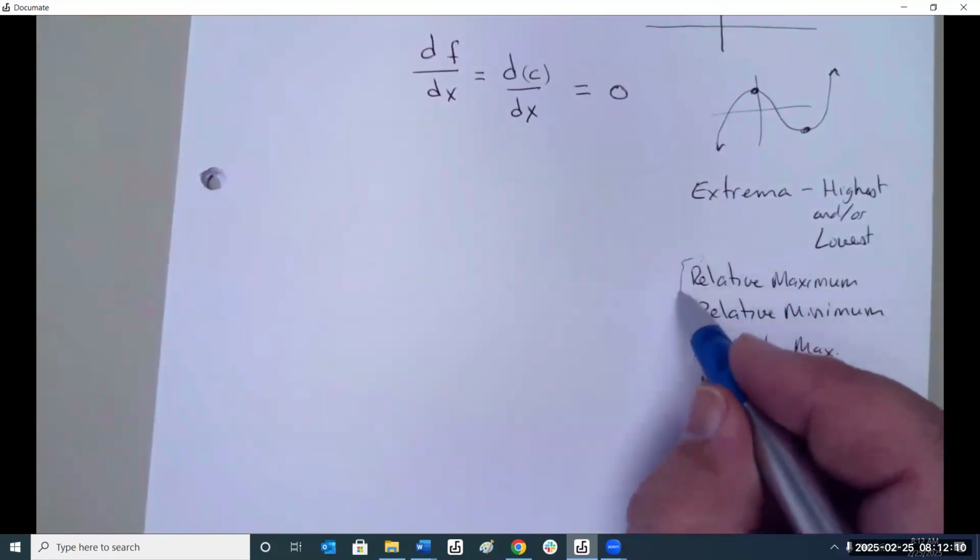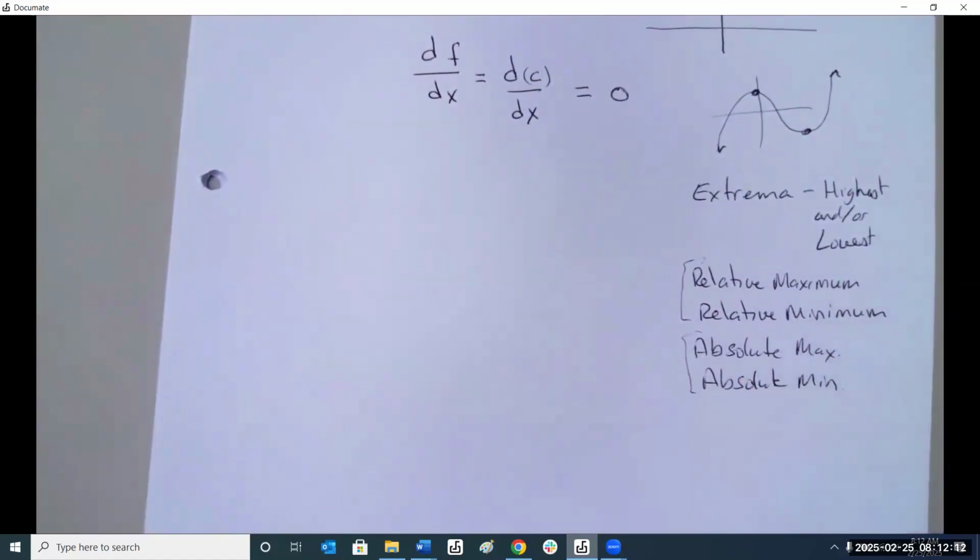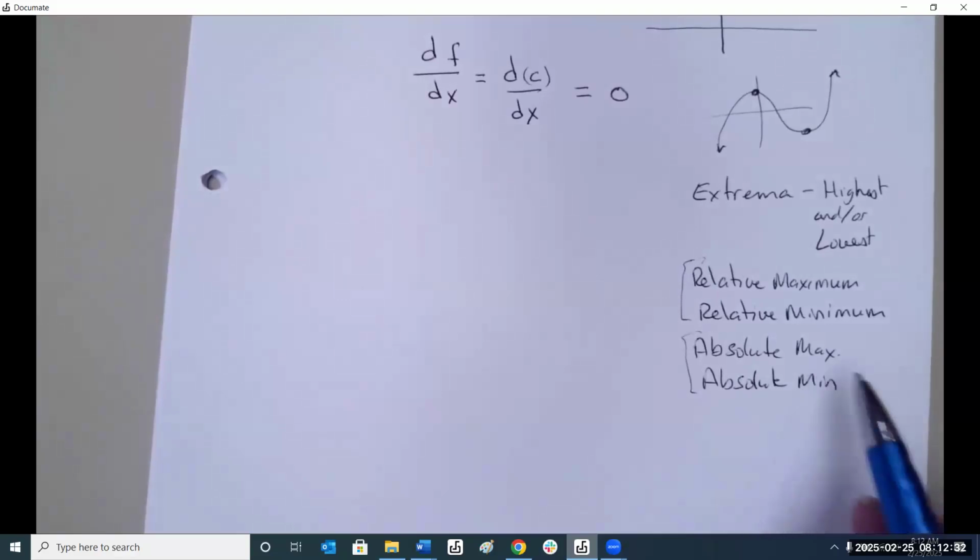So what's the difference between relative and absolute? What does absolute mean? Everything. It's over the entire function. Is it the highest point of all the points? Is it the lowest point?